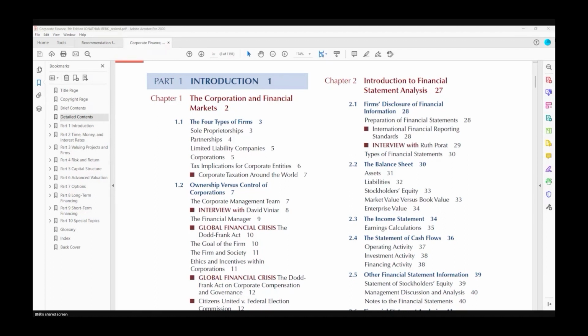And the very first question is about the types of firms, or the forms of firms. For example, if you are the sole owner of a firm, you want to run a small business like a grocery, you can have a sole business.